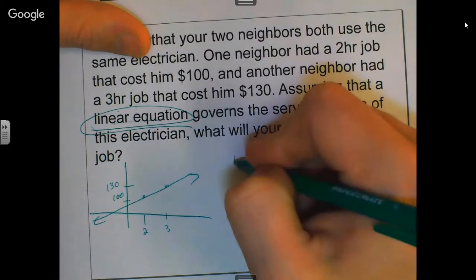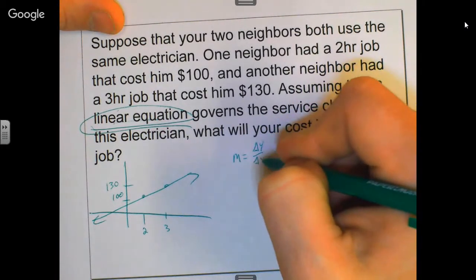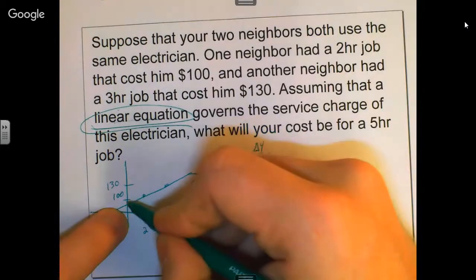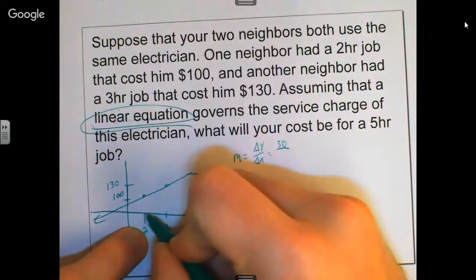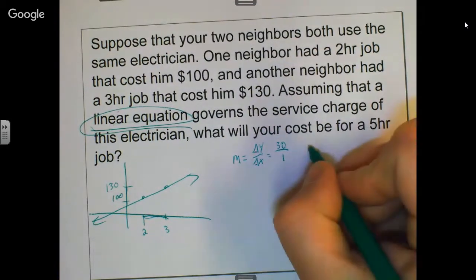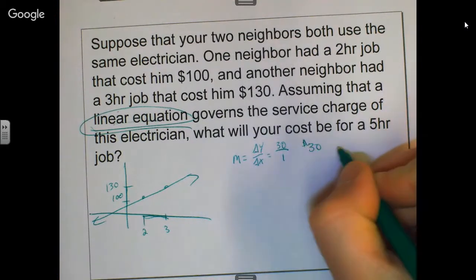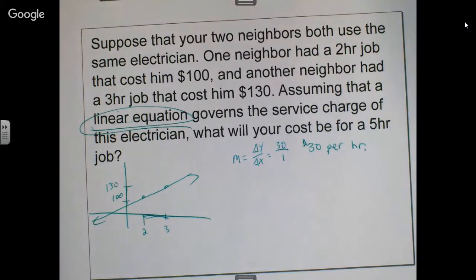Well, I first need to find the slope. The slope is change of y over change of x. How much did I change in the y direction? It would be $30. How much did I change in the x direction? It was 1. So what does this slope tell me? It means this electrician cost me $30 per hour.